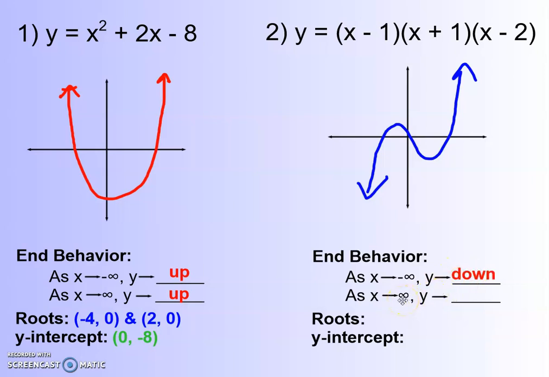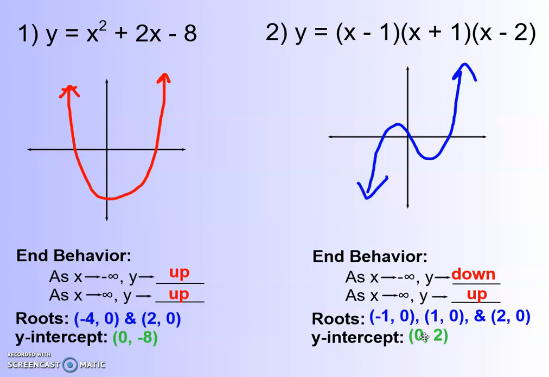As x approaches positive infinity, as x goes to the right, the y values seem to be going up. The graph starts down, ends up. Roots, you can check Desmos and find those 3 roots, and there is your y-intercept at 0, 2.